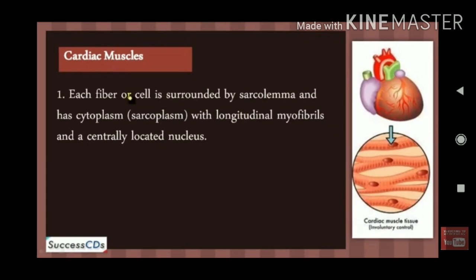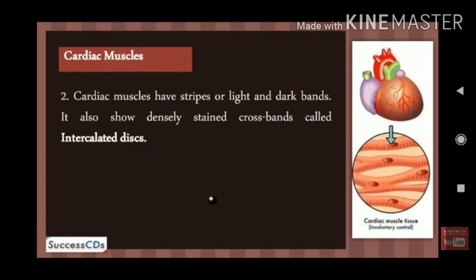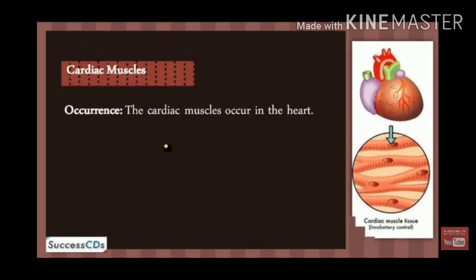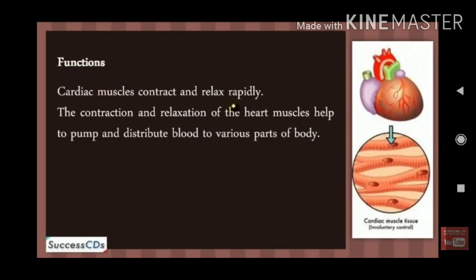Here, only one nucleus is present, so we call it uninucleate. The cardiac muscles are branched, each muscle branched to another and uninucleate, and because of this contraction, the cardiac muscles supply blood all over the body.